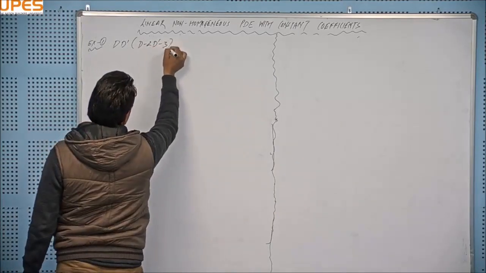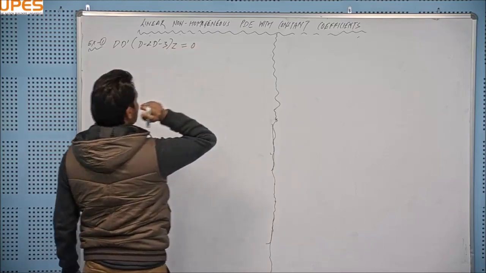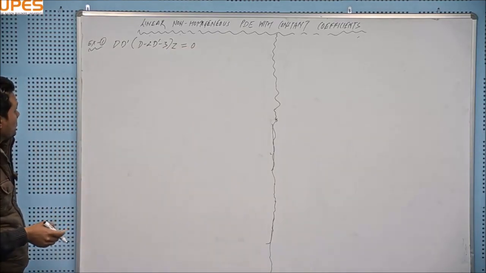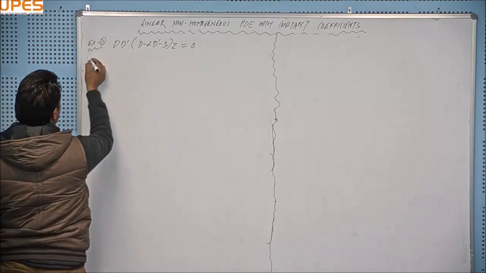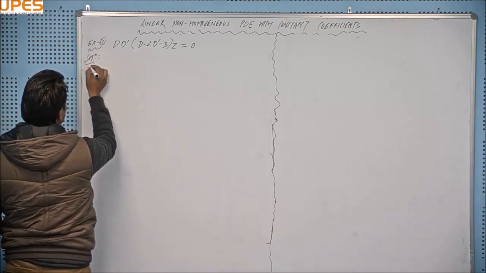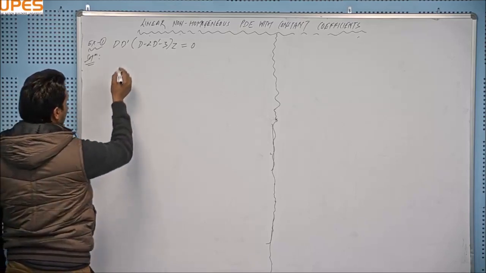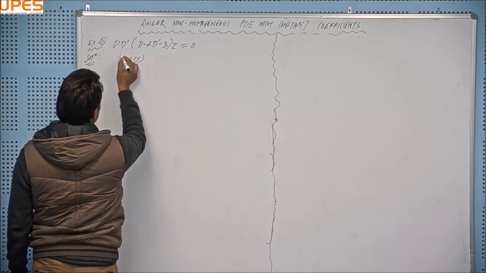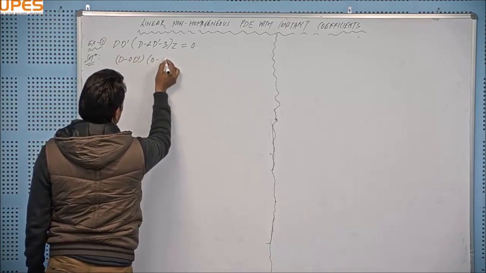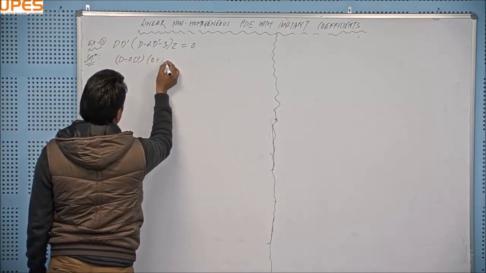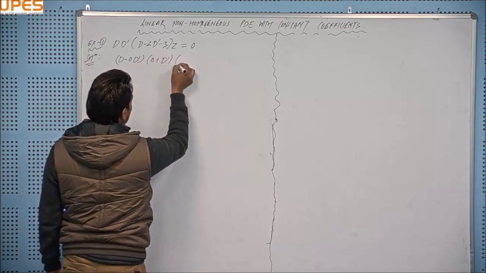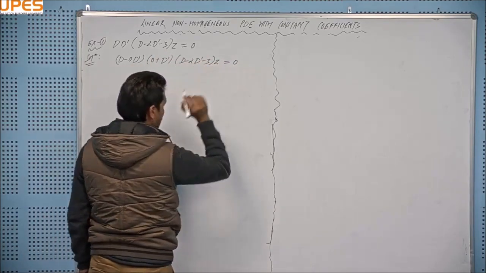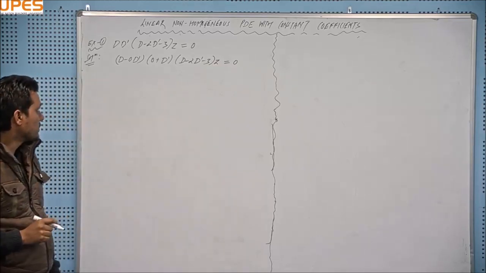2d dash minus 3 z is equal to 0, right? Okay, this is already in factorized form, no need to factorize it. You can write it as d minus 0d dash, and this should be written as 0 minus, not minus, plus 1d dash, and this will be d minus 2d dash minus 3 z is equal to 0, right?